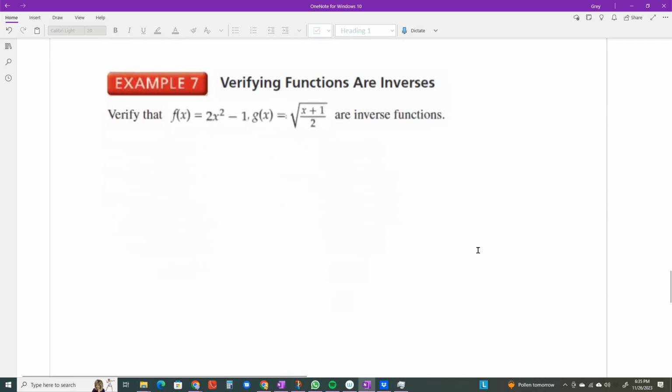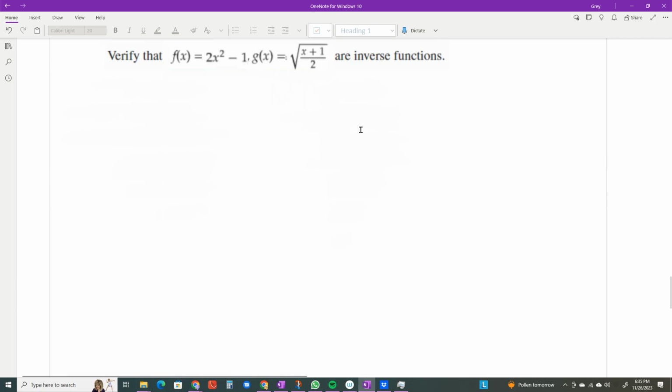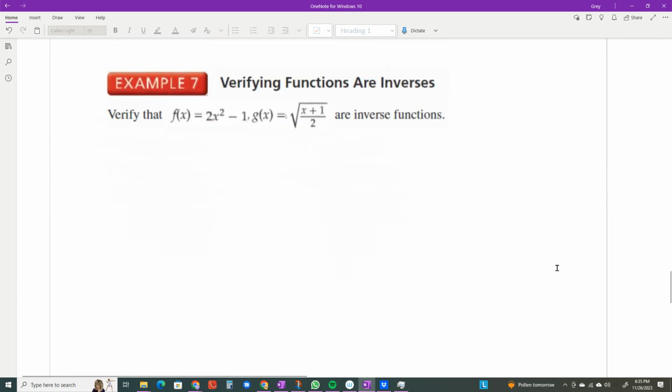All right, one last one. Verify these 2. This is example 7. Verify that f of x and g of x are inverse functions. So again, I'm doing f of g of x. G of x is that radical, so that's f of that radical. And f says 2 times whatever you have in parentheses, okay?